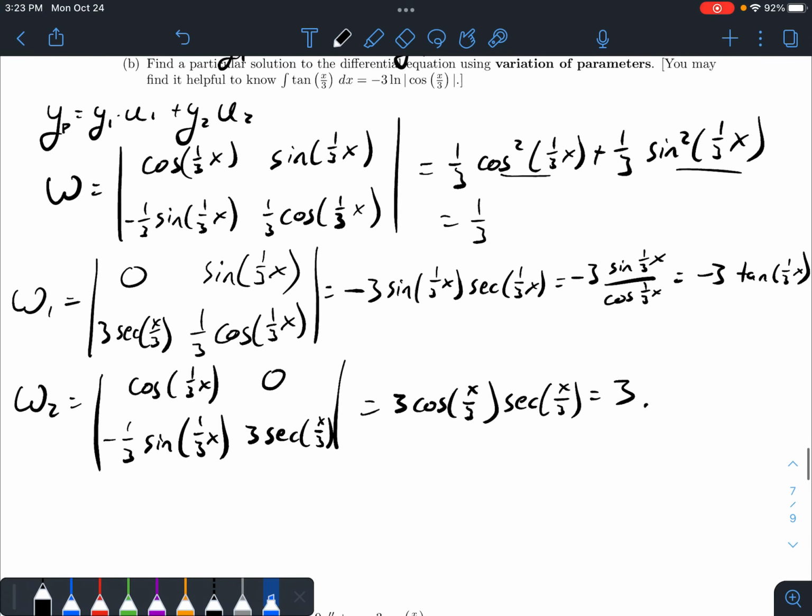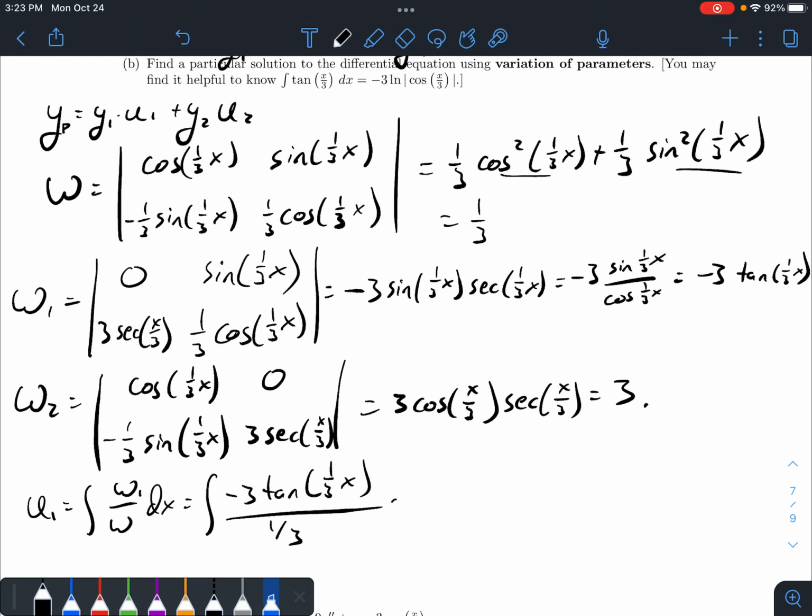Awesome. So then u1 is equal to the integral of W1 over W, which is the integral of negative 3 tangent of 1/3 x over W, which is 1/3, dx. So this is equal to negative 9 times the integral of tangent of x over 3, which we're just conveniently told is equal to this.